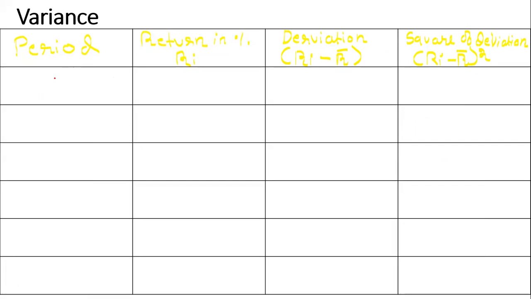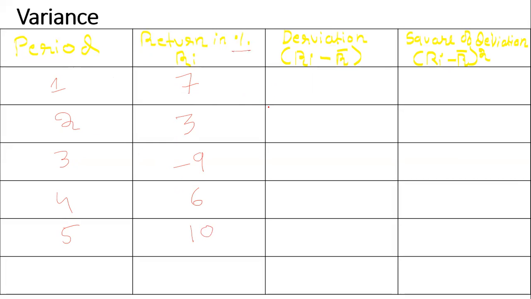So for the period, we have 1, 2, 3, 4 and 5. The return in percentage is 7, 3, minus 9, 6 and 10, which is given in the problem, and we are taking it in percentage as already mentioned.